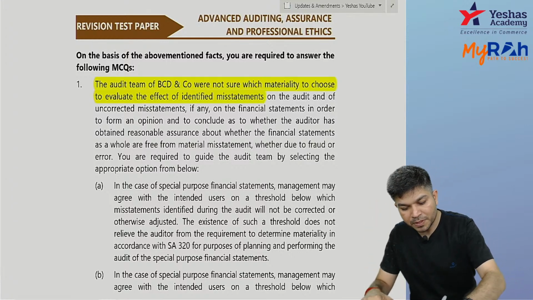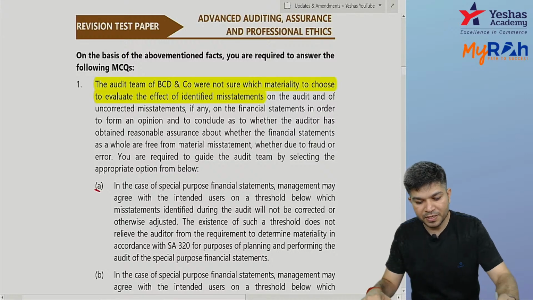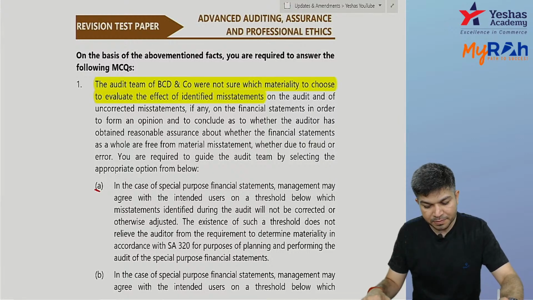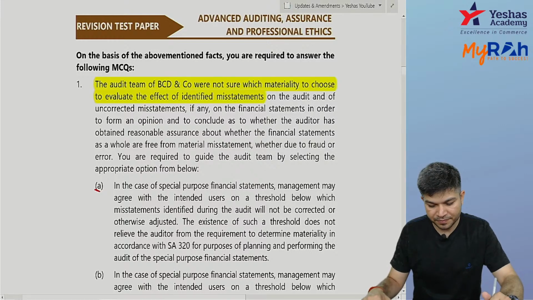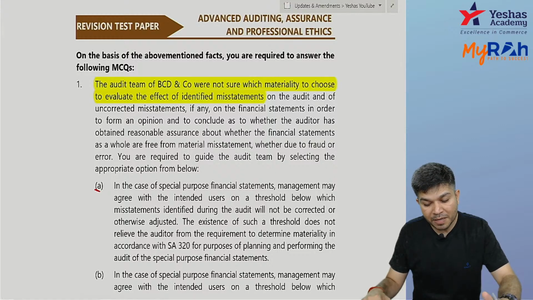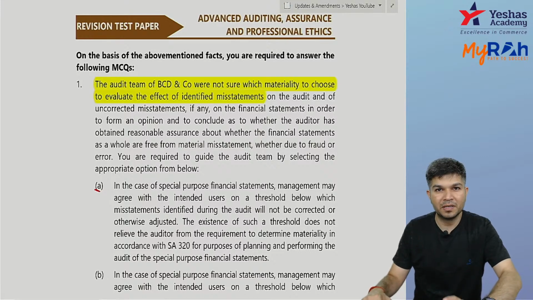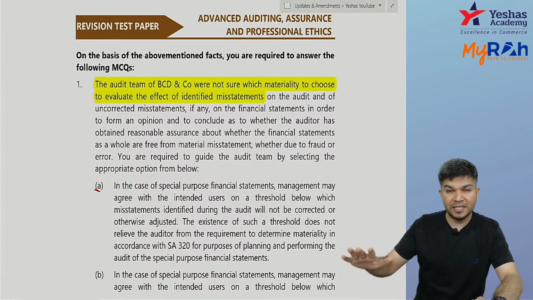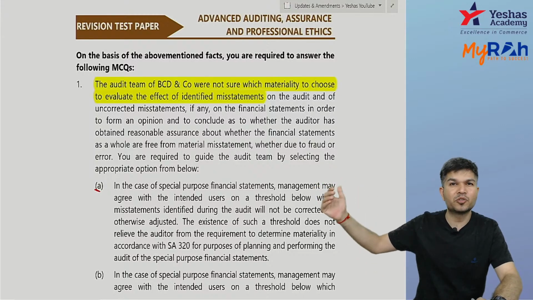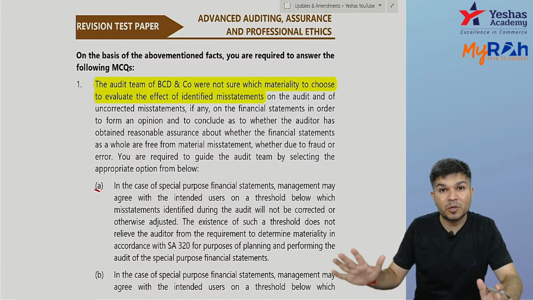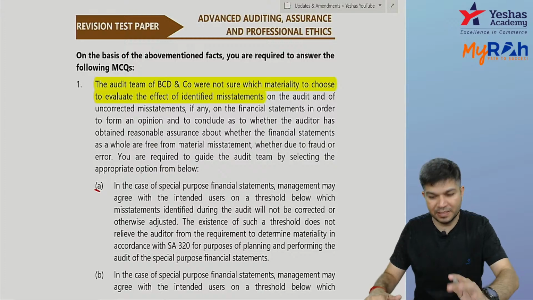In case of a special purpose financial statement, management may agree with the users on a threshold below which misstatements will not be corrected or otherwise adjusted. But the existence of the threshold does not relieve the auditor from the requirement to determine materiality in accordance with SA 320. This looks fine. Let's see the other option.